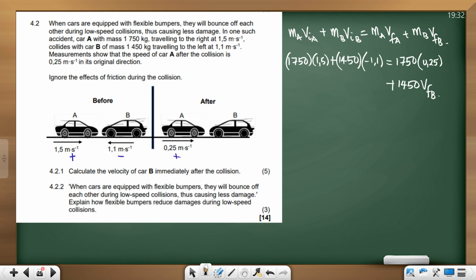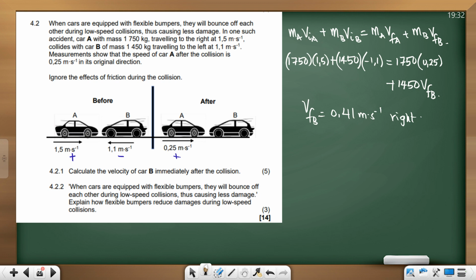So what's the correct one? 0.41 meters per second to the right. Kuvadia, please don't use EK. Only use EK if the examiner tells you it is an elastic collision.